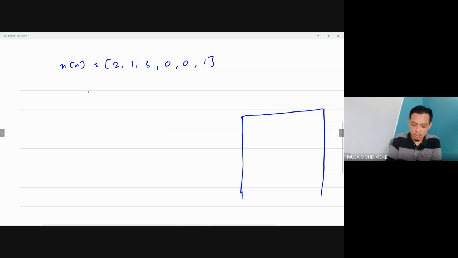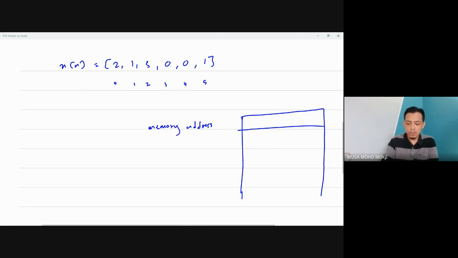So this is index 0, 1, 2, 3, 4, 5. This is where you have an address, a memory address. Maybe you put 2 here, and this is address 0. Then you will have address 1, address 2, address 3.